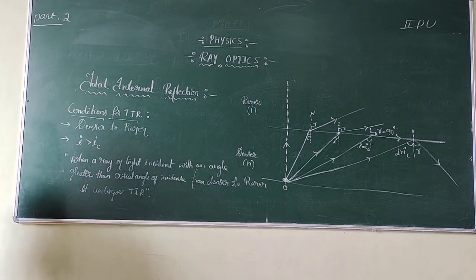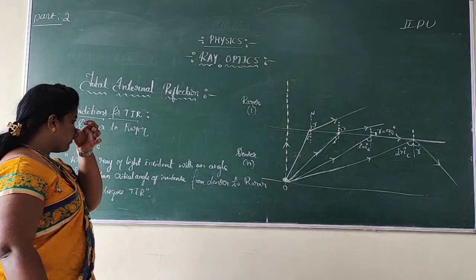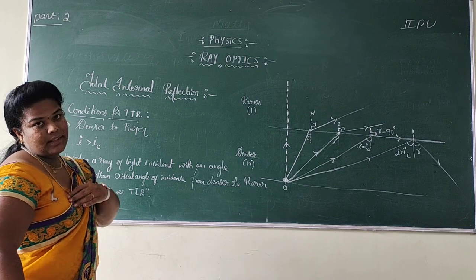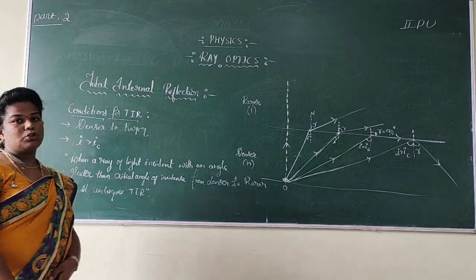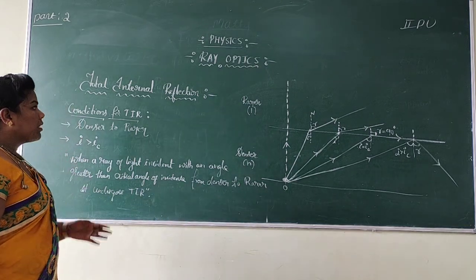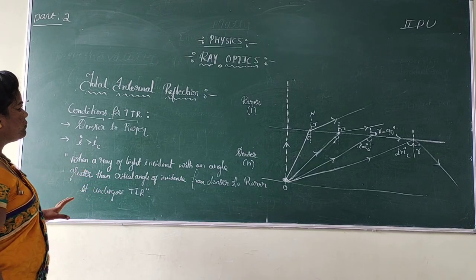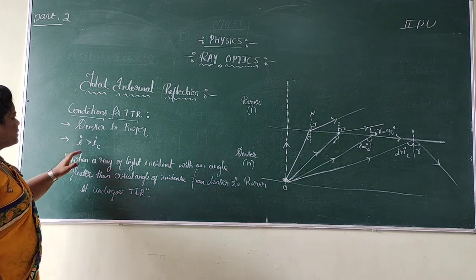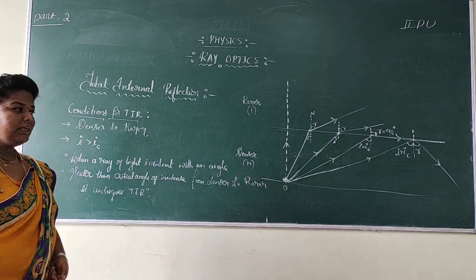This is the phenomenon when a ray of light travels from denser to rarer medium and the angle of incidence is greater than the critical angle, we can observe total internal reflection. This is a simple definition for total internal reflection, along with the conditions and diagram.